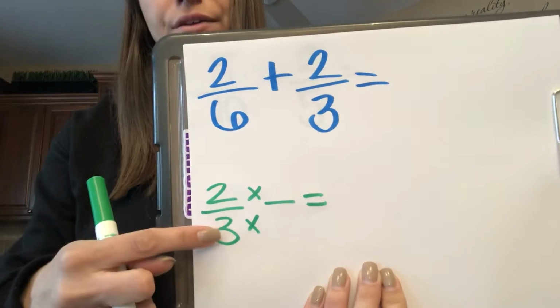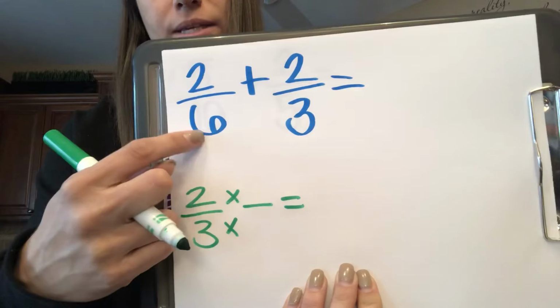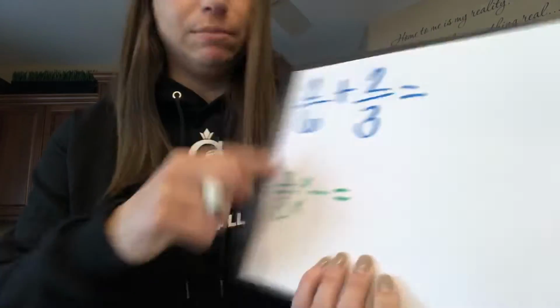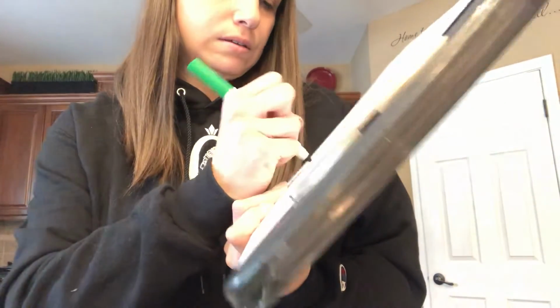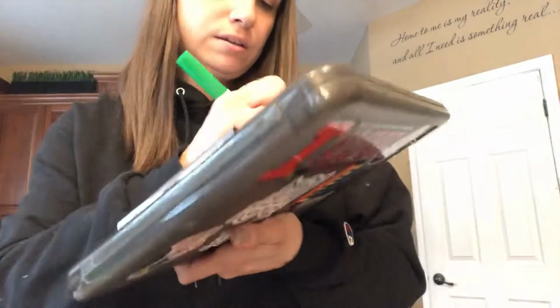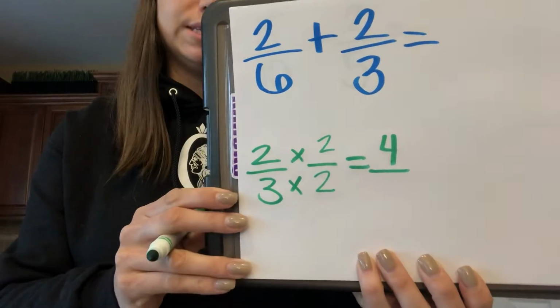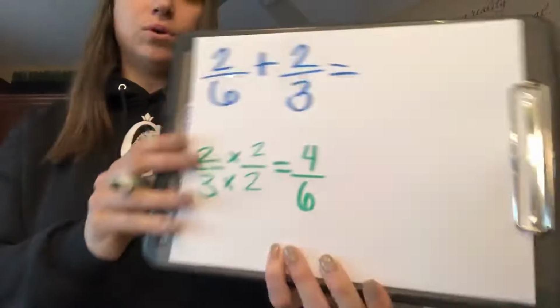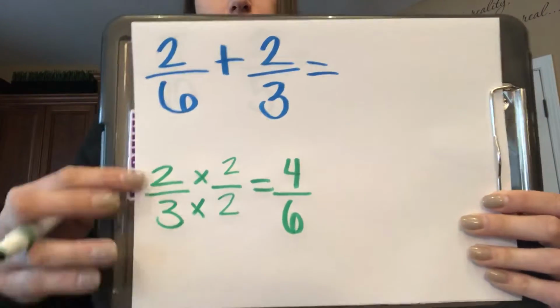So again, I know that 3 times 2 is going to give me 6. So 2 is going to be on the top and the bottom. So 2 times 2 is 4. And 3 times 2 is 6. So 4/6 is the same as 2/3.